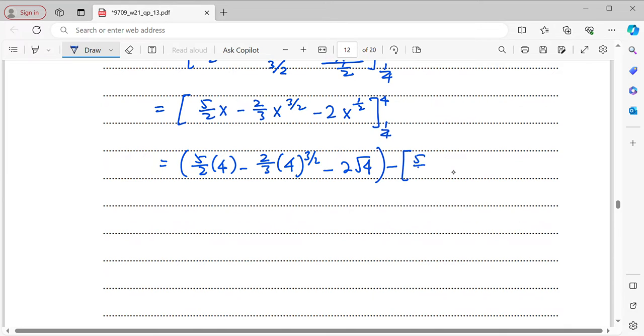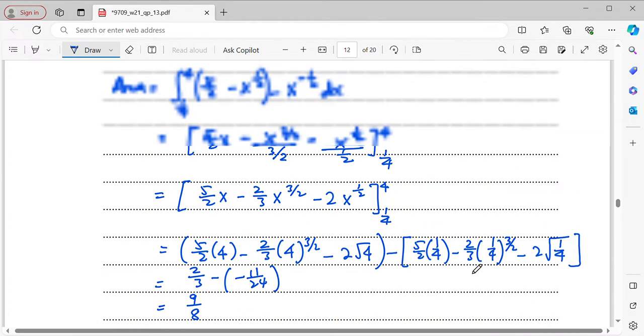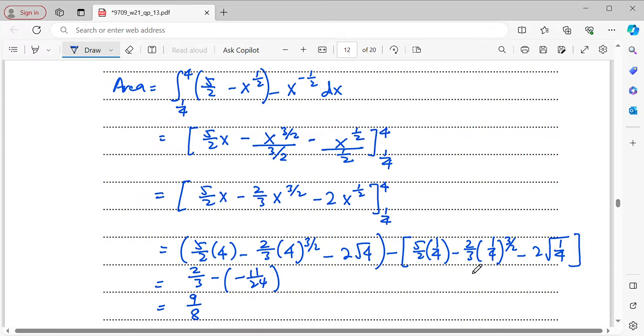So I will get 5 over 2 times 1 over 4, minus 2 over 3 times 1 over 4 to the power of 3 over 2, minus 2 square root of 1 over 4. Okay, then from here, you will be getting 2 over 3, then minus negative 11 over 24. So at last, you will be getting 9 over 8. So that's the solution of this area bounded by the two graphs.